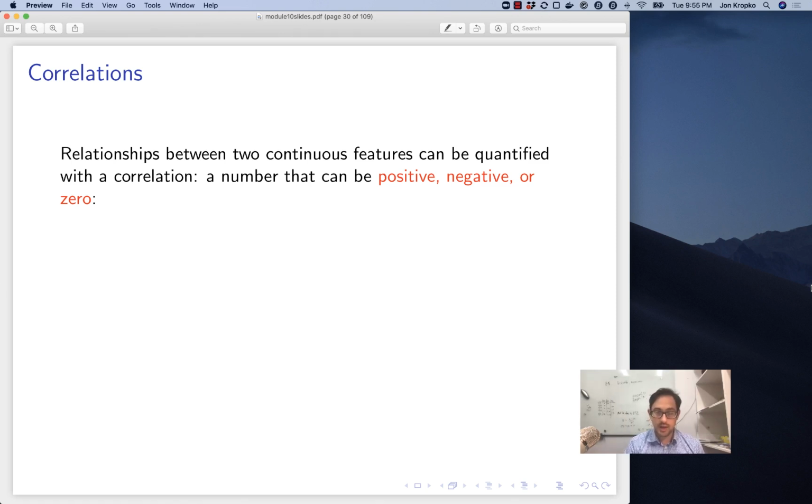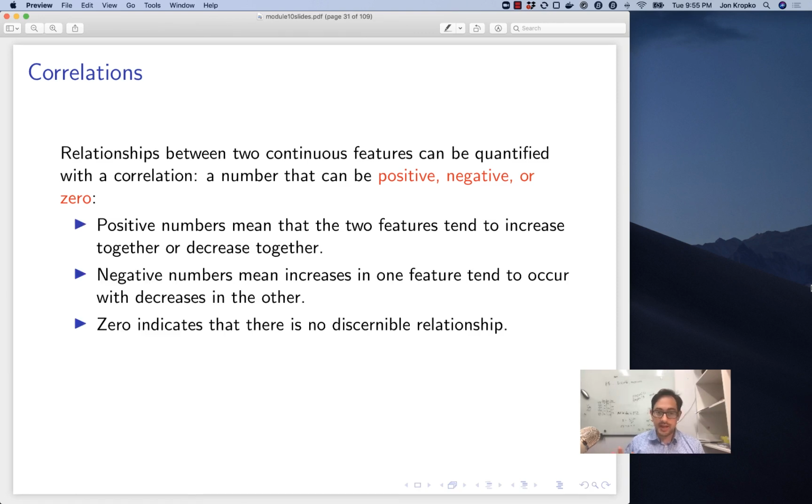It's a real number that can be positive, negative, or zero. Positive numbers mean that the two features tend to increase or decrease together. Negative correlations mean that one feature goes up as the other one goes down, or vice versa. Zero means that as one of the features goes up or down, there's no consistent, discernible change in the other.